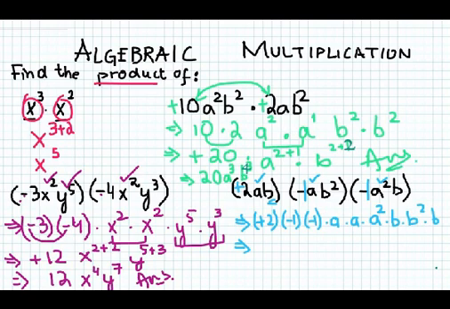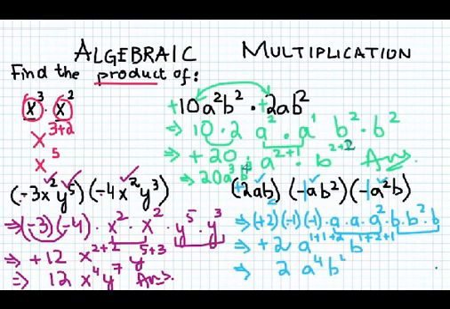Plus minus minus, minus minus is plus. 2 into 1 is 2 and 2 into 1 is 2, so it's 2, right? Here we have the same base, so powers will be added. So 1 plus 1 plus 2. Here we have 1 plus 2 plus 1, right? So 2a^4 b^4. So I hope you find it useful.